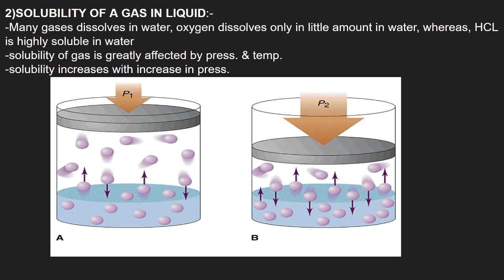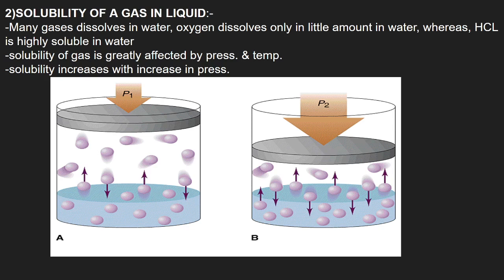And I will give you a basic example of that: coke. In coke, what happens generally? CO2 is there. Everyone knows that it has carbon dioxide inside, and it doesn't get dissolved easily. So for dissolving carbon dioxide, we apply pressure, which is the lid.